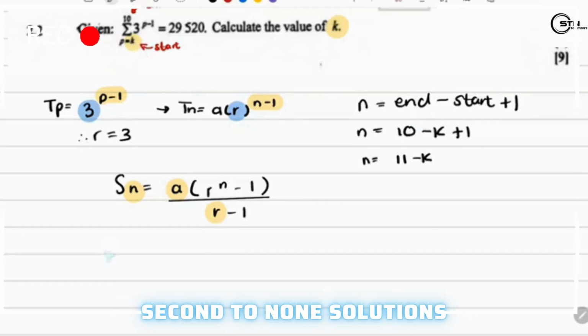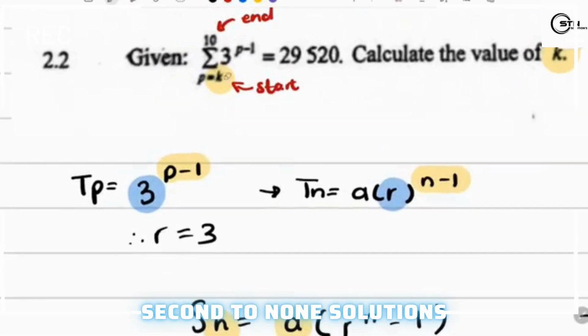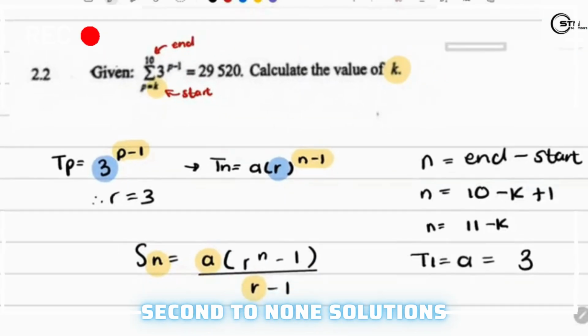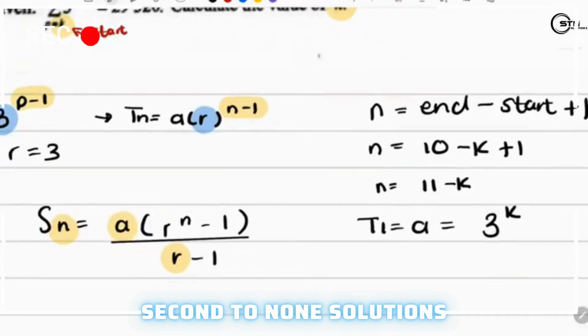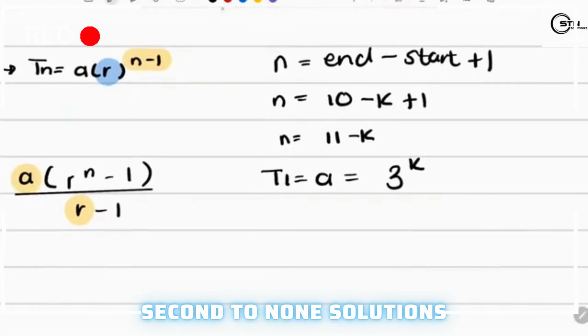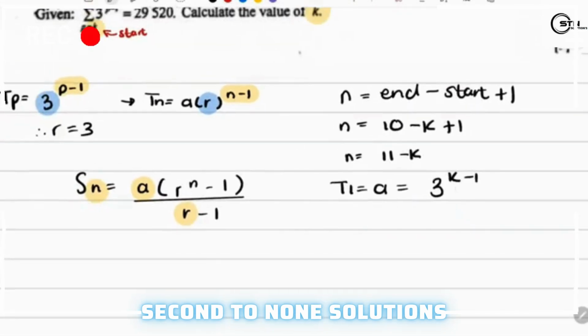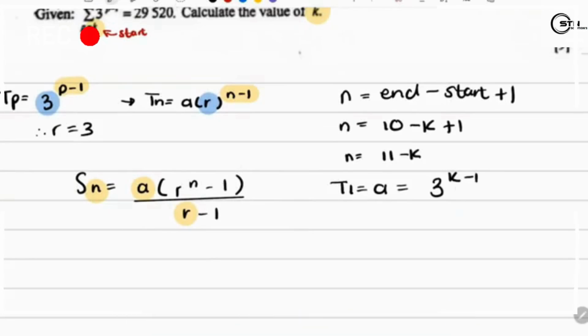Since this is where we start at, to find term 1, which is a, so t1 is a, you're going to have to use your formula, you say 3 to the power of, and in place of p, since they told us we are starting at k, we need to substitute k to find our first term for this particular series. So I'll substitute in place of that k, and then minus 1. That's all I have there. And I'm going to treat that as my first term, because it is my first term, since I don't know what k is.